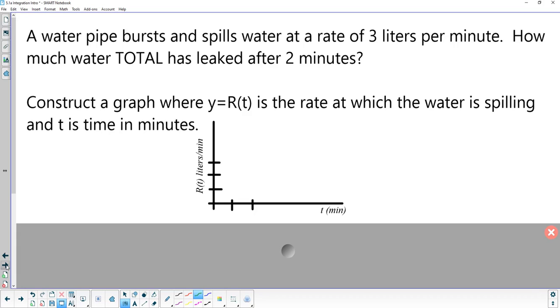How much total water has leaked after 2 minutes? 6. 3 times 2, right? Now let's talk about this. That's an algebra approach. Let's talk about this geometrically. If y equals r of t is the rate, let's graph it. What was the rate again? Yeah. So what does the graph y equals 3 look like?